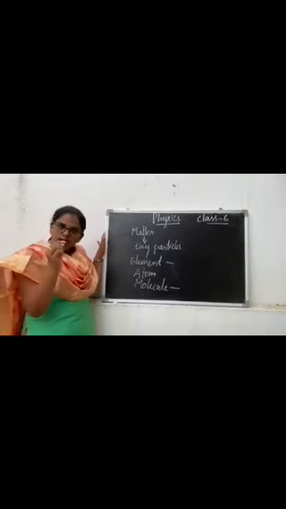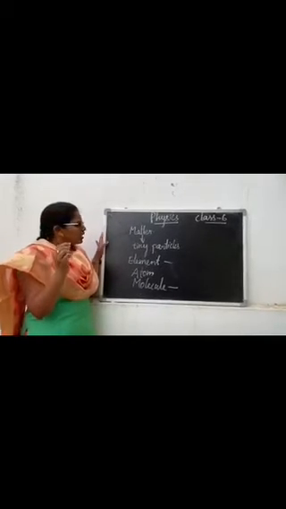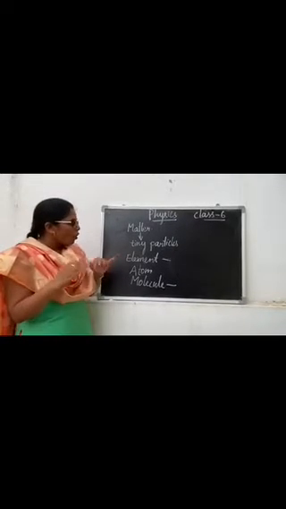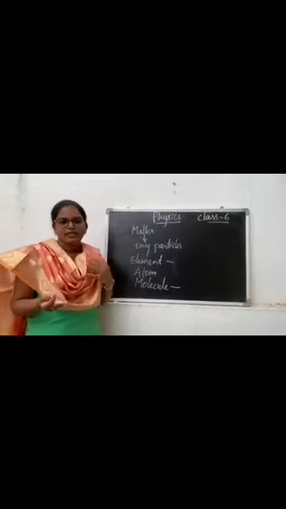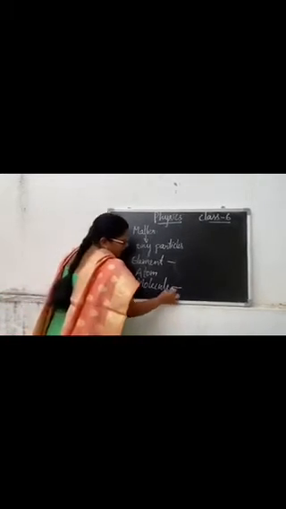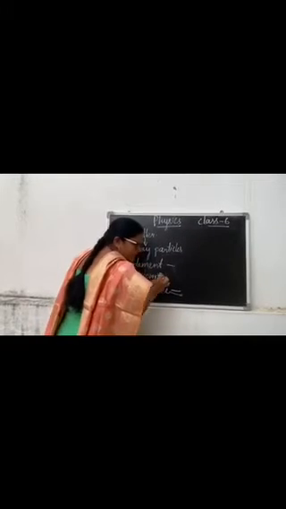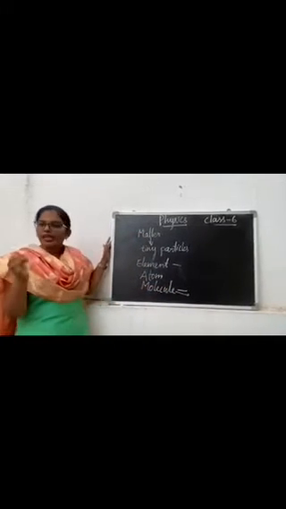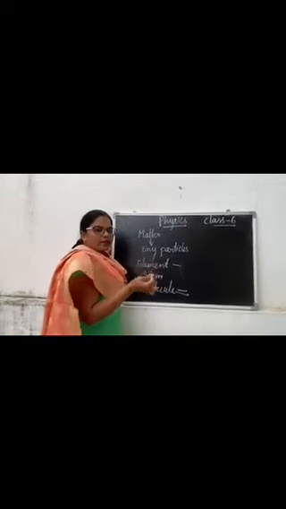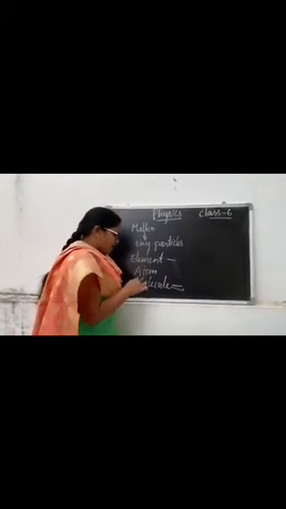A molecule is the smallest unit of matter which can exist independently and retains all the physical and chemical properties of that matter. This molecule can either be made up of the same type of atom or of different types of atoms.